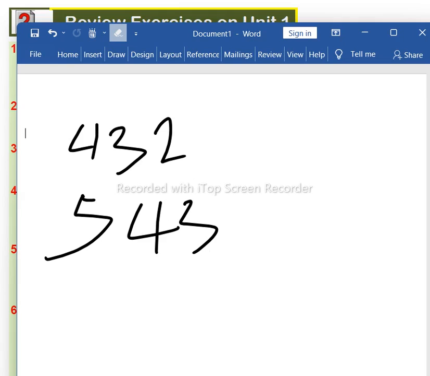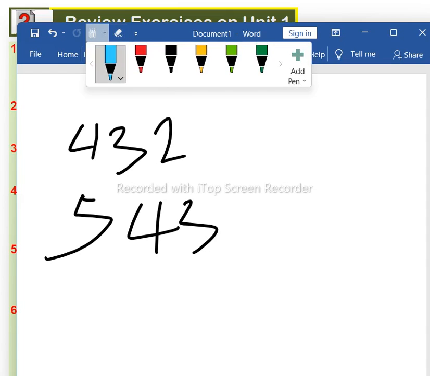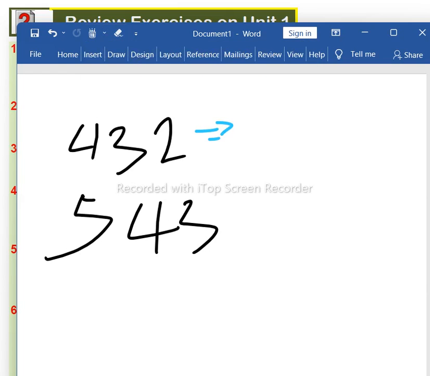So let us move to 3. A number is divisible by 3 if the sum of the digits of the given number is divisible by 3.